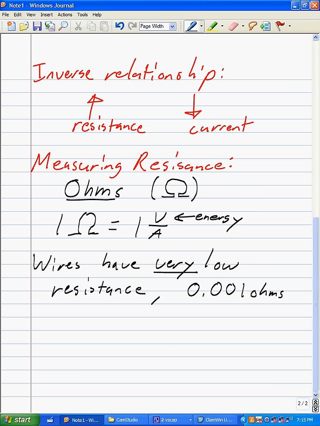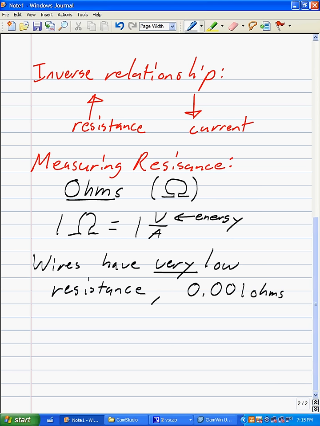Alright, so all of this leads us to this mathematical relationship called Ohm's law, and this is why we call it the ohm, because Mr. Ohm is who came up with it. We've already seen it in the reading, and you've done some math practice, but just to put it on paper here, it's basically this.